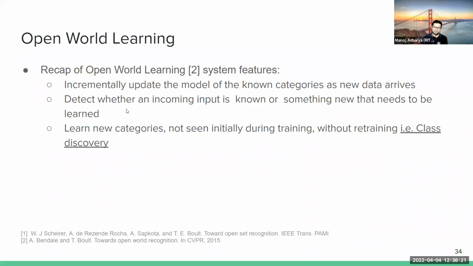We also want to detect whether the incoming data is known or something that needs to be learned, and we need to learn new categories not initially seen during training. This also happens without retraining everything from scratch, as compared to offline models. So we're talking about class discovery here.